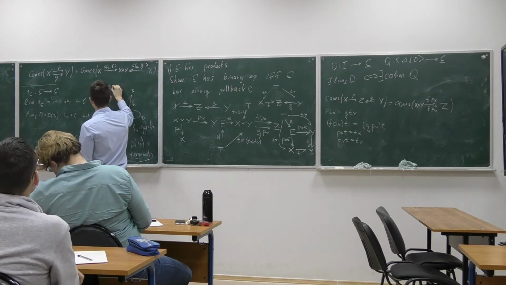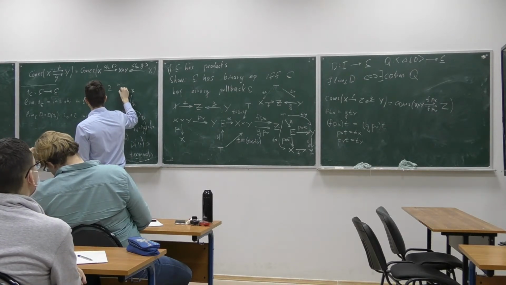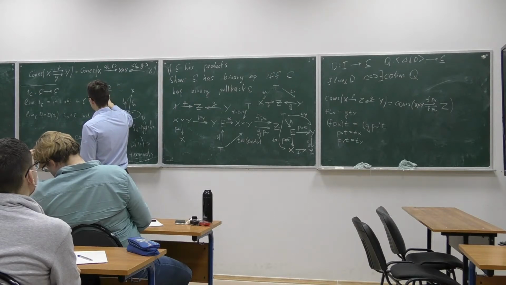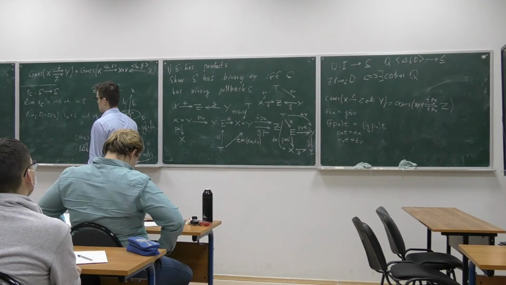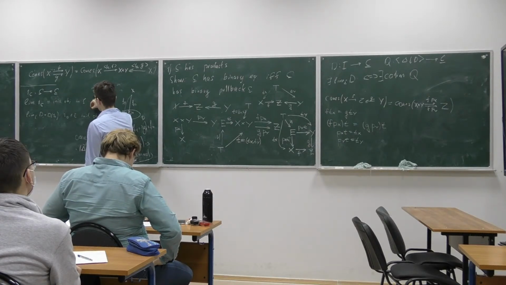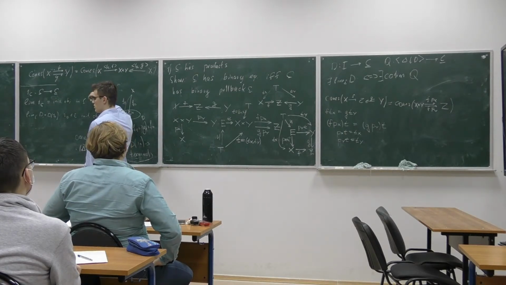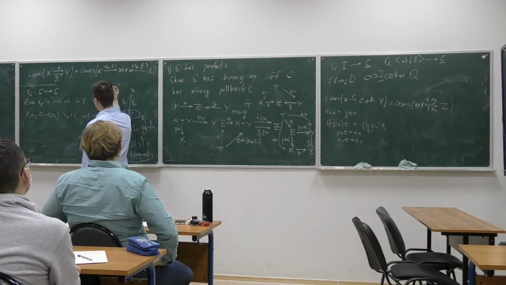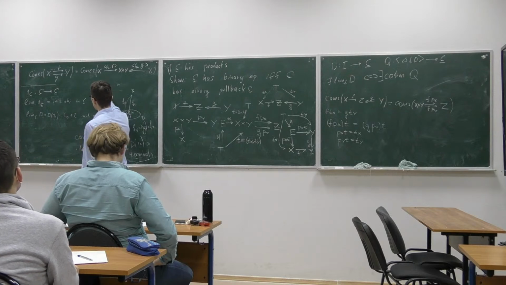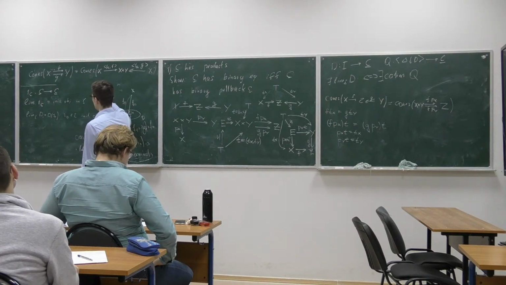So it has a unique arrow to every other object. But suppose z prime also corresponds to a cone over the category. How do you show that there is a unique arrow?